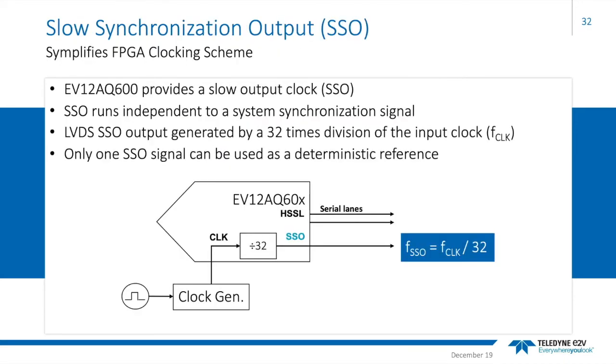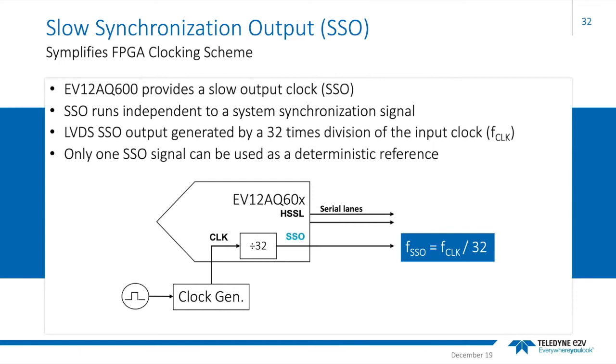This block diagram focuses in on one of the many advanced timing features of the ADC. That is the slow output clock, designated SSO here. It's a clock that runs independently to the system synchronization signal. SSO is an LVDS or low voltage differential signaling signal generated within the ADC that takes the sample clock frequency and applies a division by 32 to it.